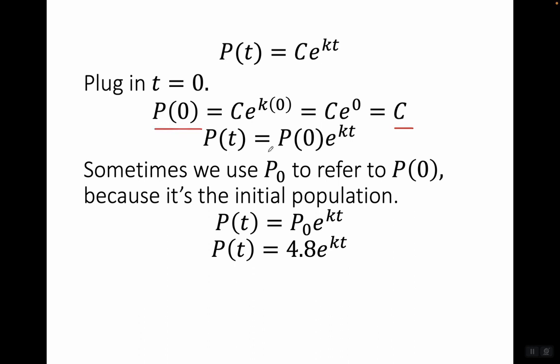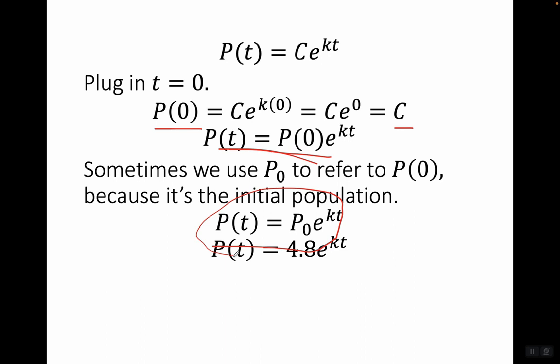So P of t is C e to the kt. In other words, it's P of 0 e to the kt. Sometimes we use P0, P sub 0, to refer to P of 0 because it's the initial population. So we can rewrite this equation as P of t equals P0 e to the kt.